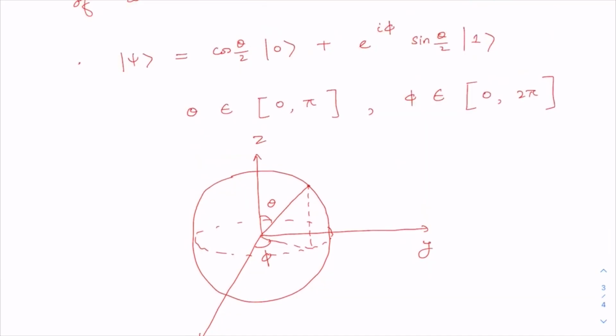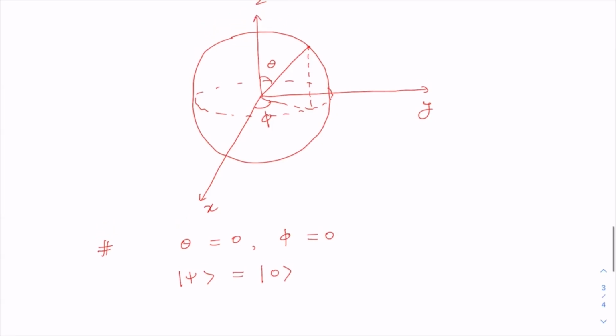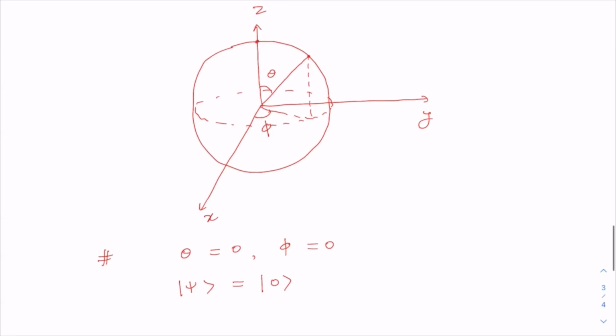Immediately from this expression you will see that this will represent the state ket 0, and this would mean this particular point. Let us say this is the north pole. So the north pole corresponds to the state ket 0 on the Bloch sphere.